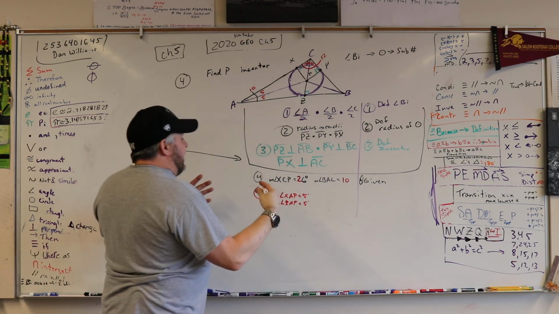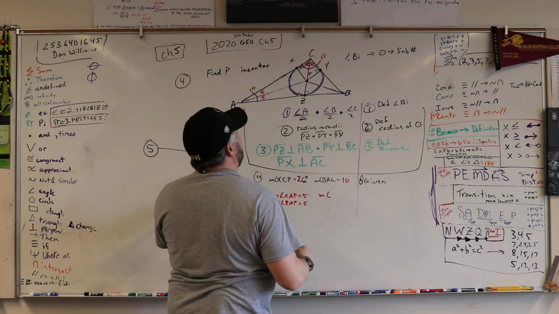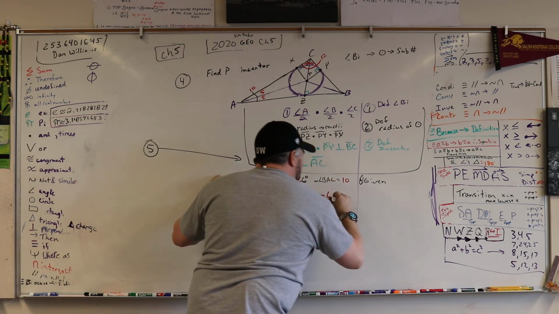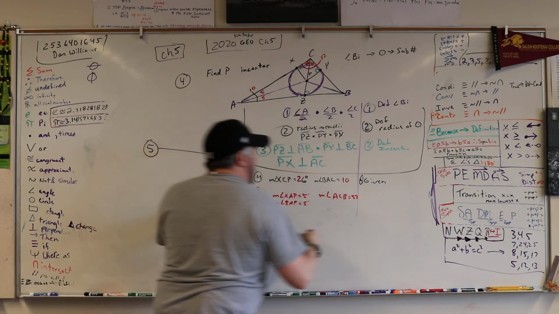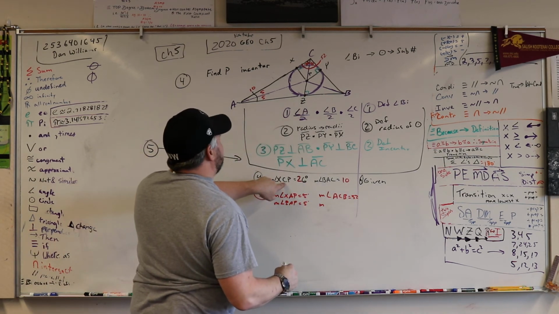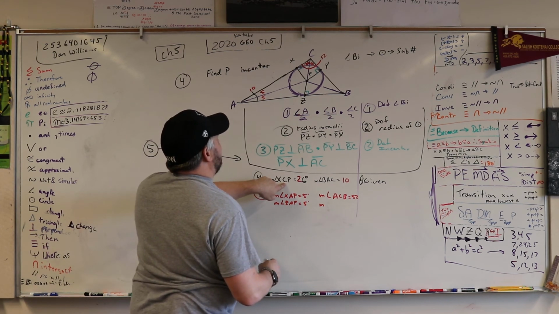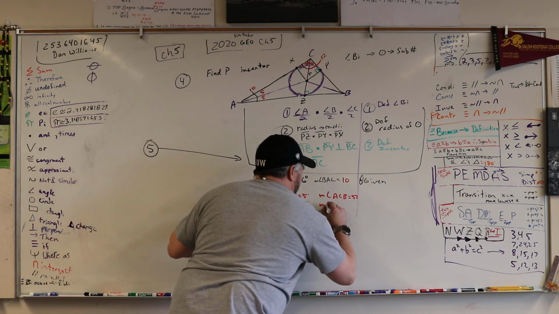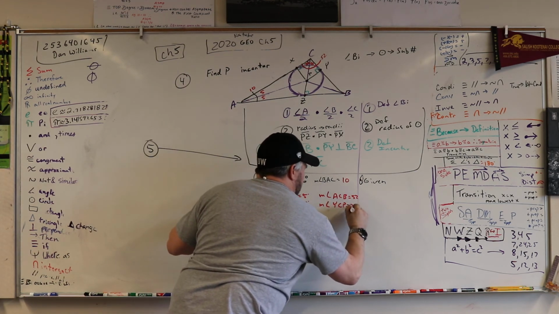So I know a lot now. I know that the measure of angle ACB is equal to 52. I already knew that the measure of XCP was 26, so now I know the measure of YCP is 26.